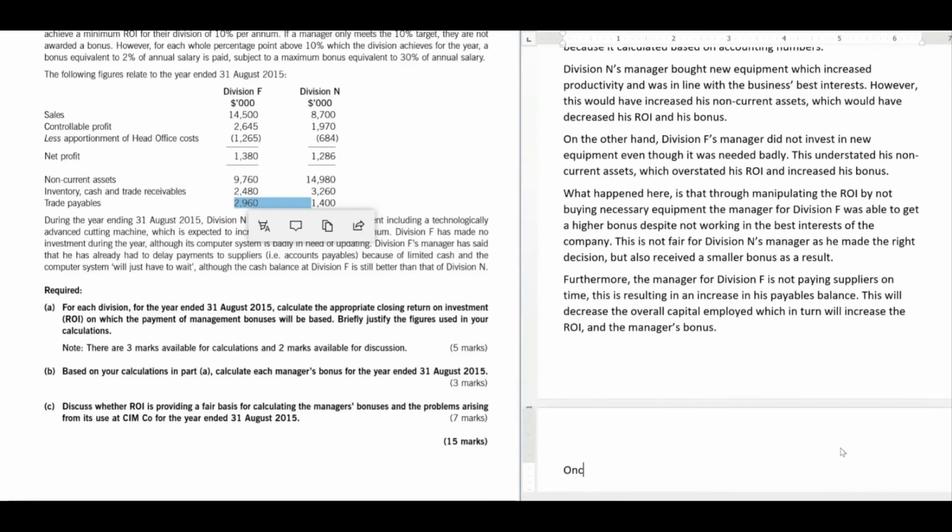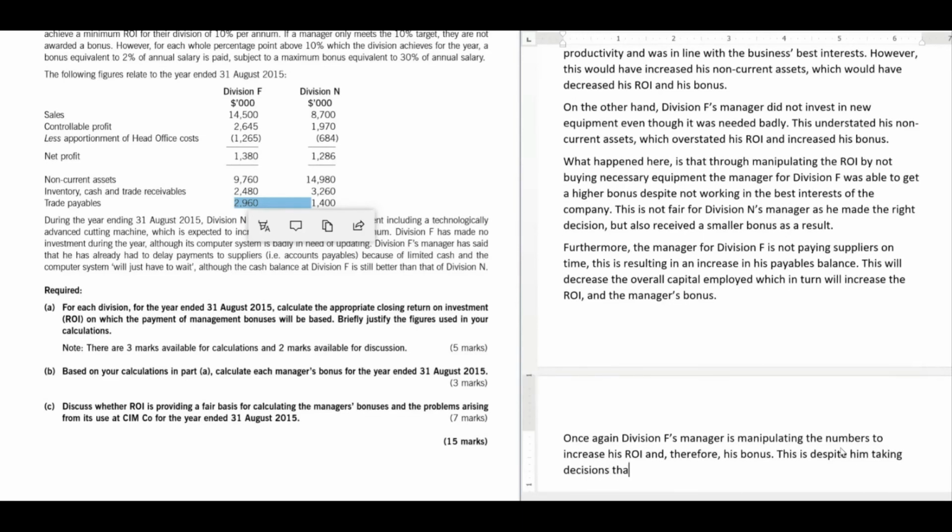Okay, once again, Division F's manager is manipulating the numbers to increase his ROI and therefore his bonus. This is despite him taking decisions that go against the interests of the business, right?